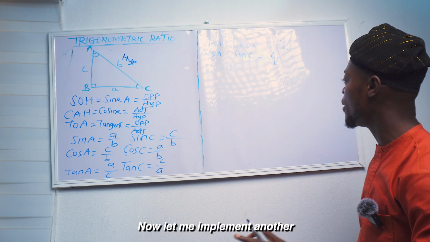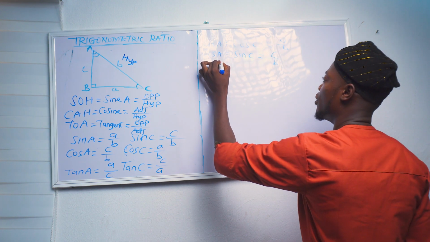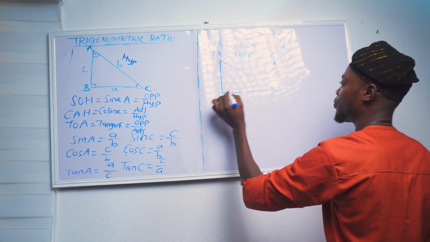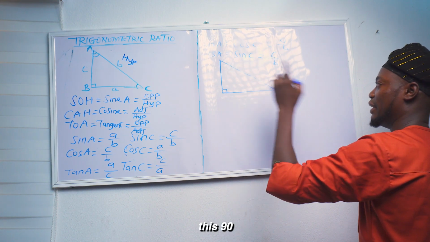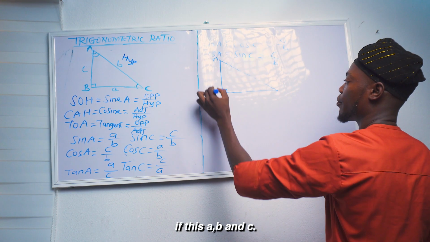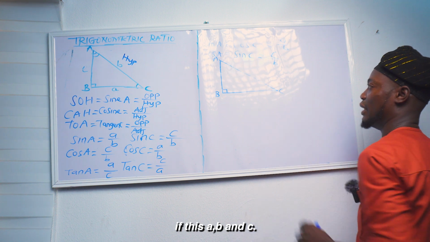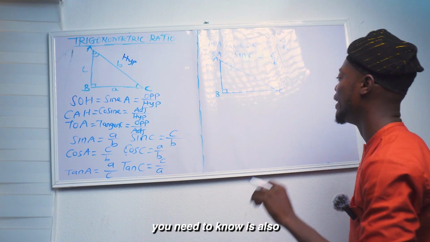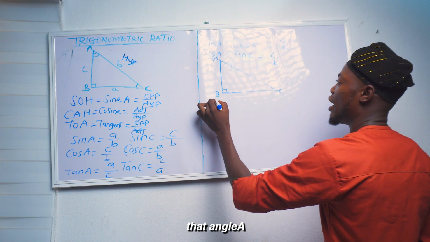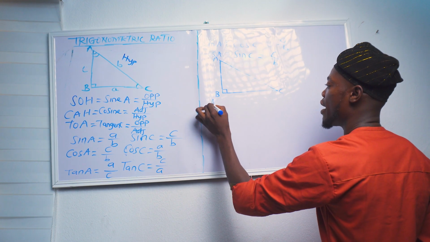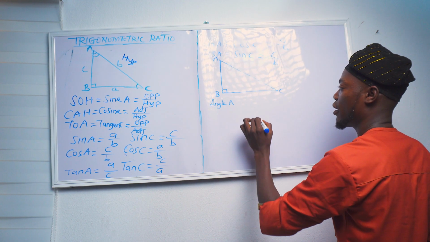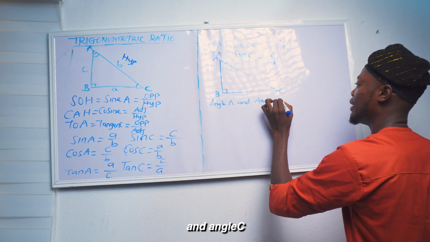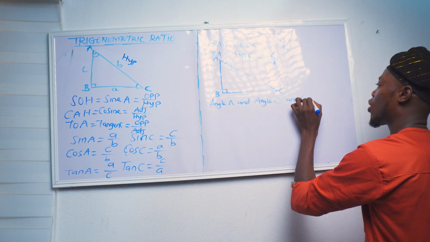Now, let me draw another right angle triangle. This is a right angle triangle. This is 90. If this is A, B, and C. Now, the first thing you need to know is also that angle A and angle C are complementary.